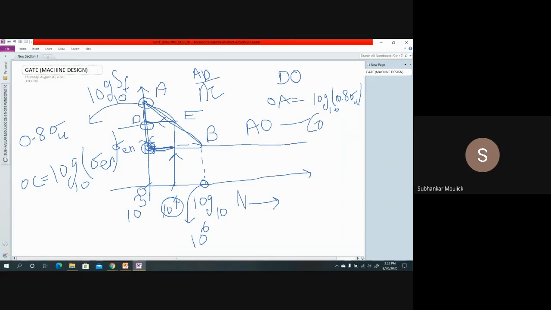This CE is nothing but this DE. So I can write DE divided by CB. Can I write AD by AC is equal to DE by CB? Yes sir. Fine.